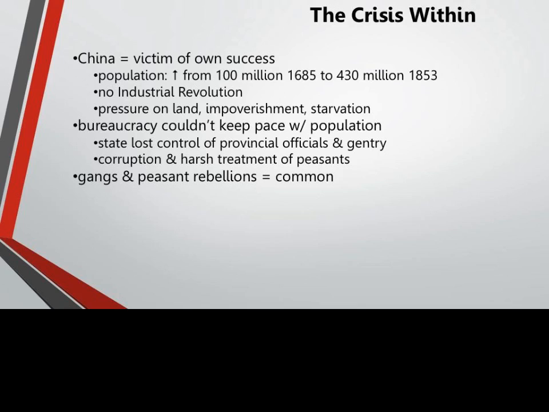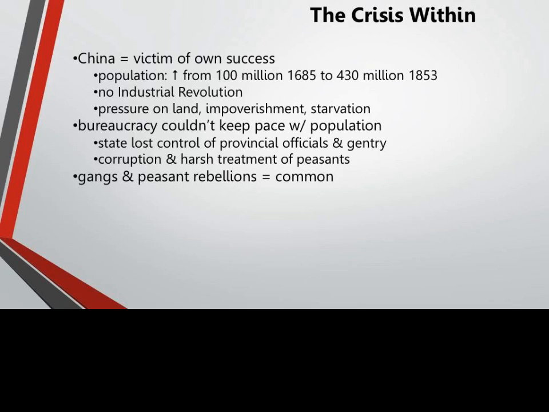And so that put a lot of pressure on the land to keep up with feeding the people. And because of the lack of an industrial revolution and technological development, the result was that a vast majority of people were impoverished and starving. And the Chinese bureaucracy did not keep pace with this growing population.